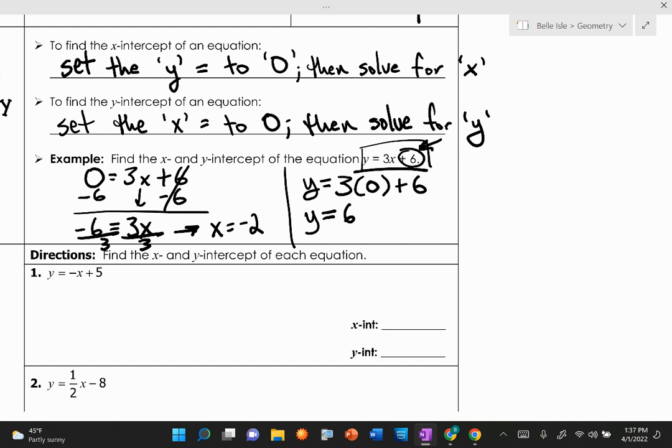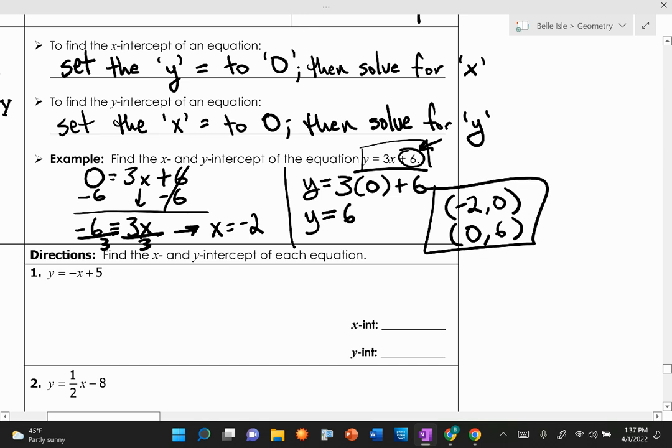You need to write it as an ordered pair. So your x-intercept is going to be (-2, 0), and your y-intercept is going to be (0, 6). And those are your answers.